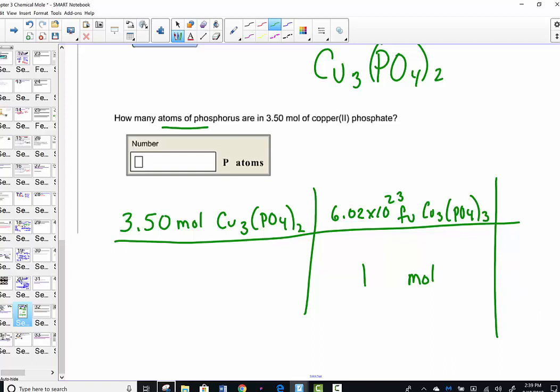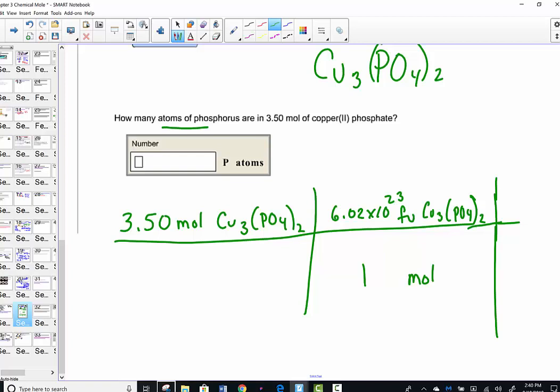But I'm not yet done because we wanted to know individual atoms of P, phosphorus. Look inside the formula and how many P's do we count? Thank you, because those who answered based on what I wrote were correct. Those who answered based on what I should have written were also correct. It's 2.